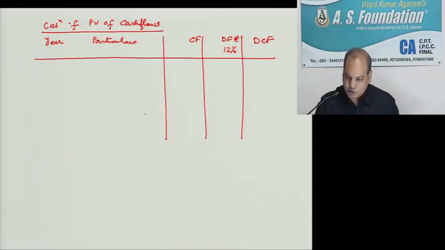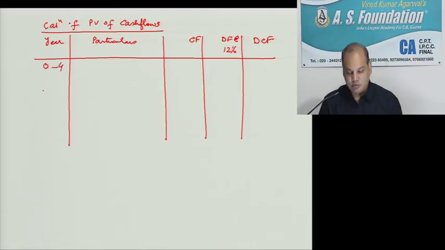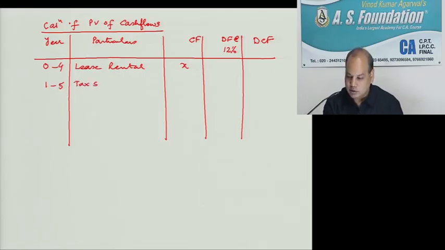So you have to visualize what will be the cash flow. 0 to 4. Why 0 to 4? At the beginning there, 0, 1, 2, 3, 4. So total 5 payments. So you write lease rental, and you have assumed it to be X. 1-5: tax payment on lease rental.